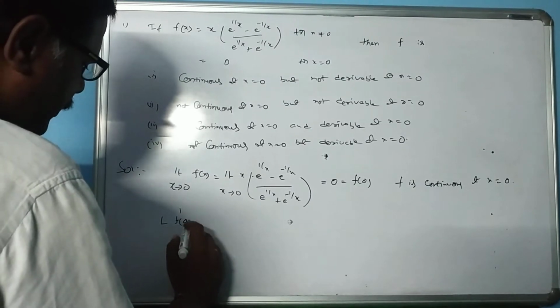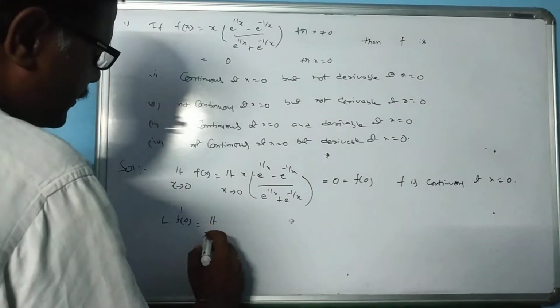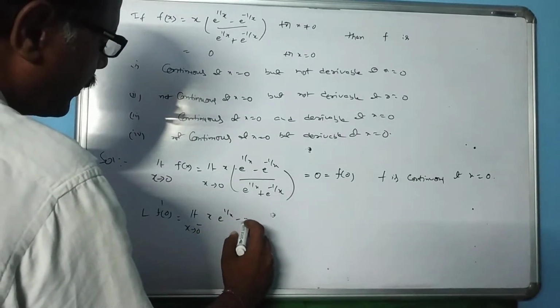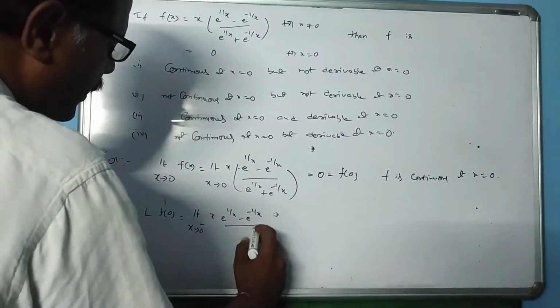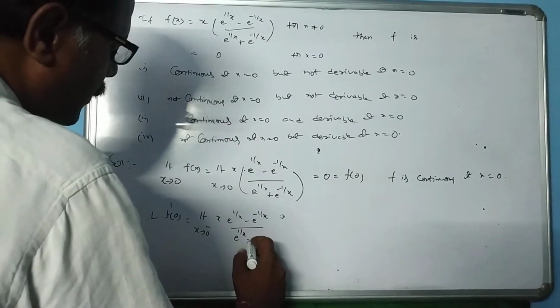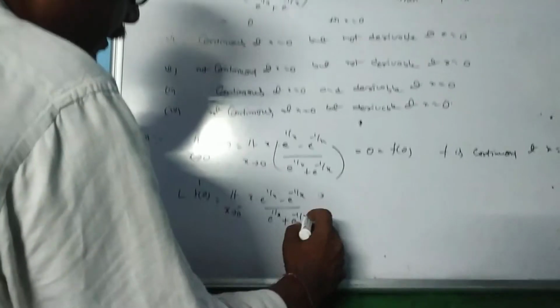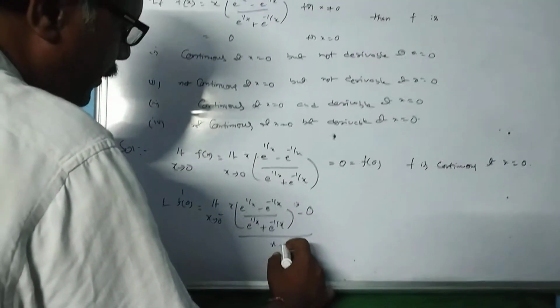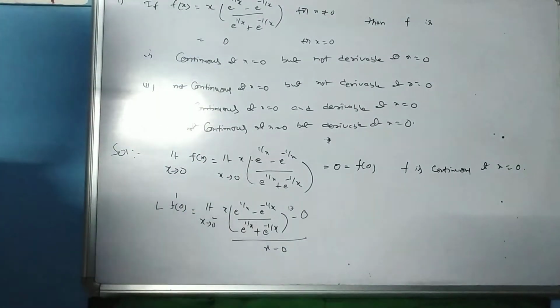We calculate the limit as x tends to 0 from the left of [x times (e^(1/x) - e^(-1/x)) / (e^(1/x) + e^(-1/x)) - 0] / (x - 0). These x will get cancelled here.